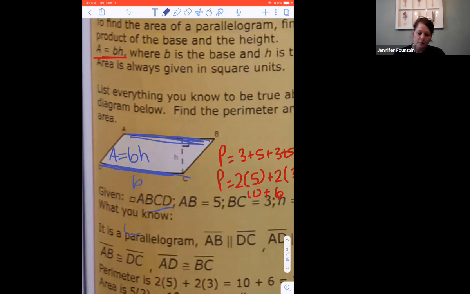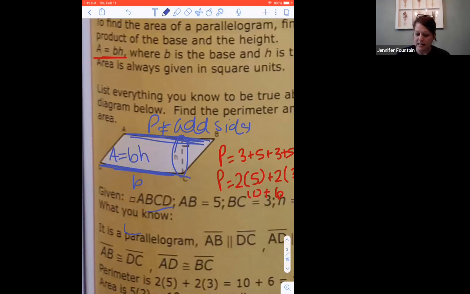So remember, this is my base, and this is my height, where I have my diagonal that shows me my height. And so to find base times height, I just multiply the two together. Okay, so perimeter, you just add your sides, area, base times height. Any questions about that?